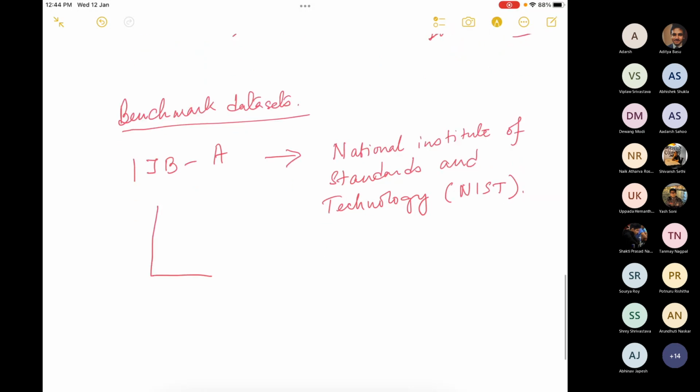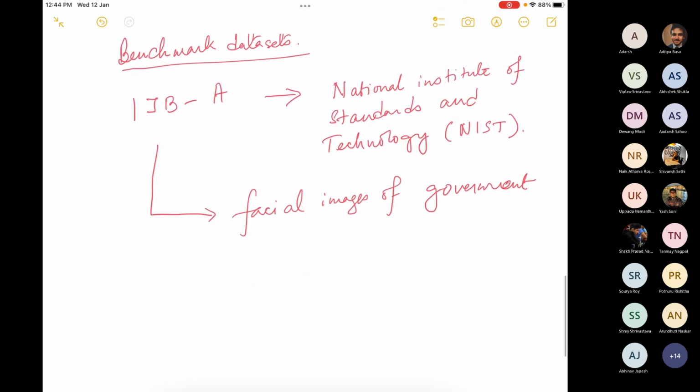This dataset consisted of facial images of government officials.